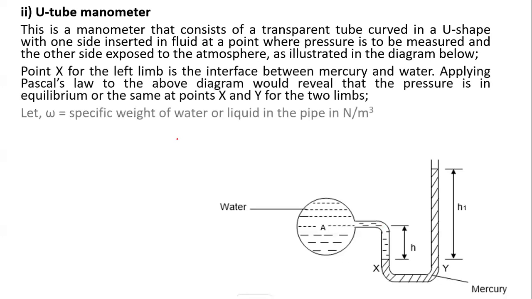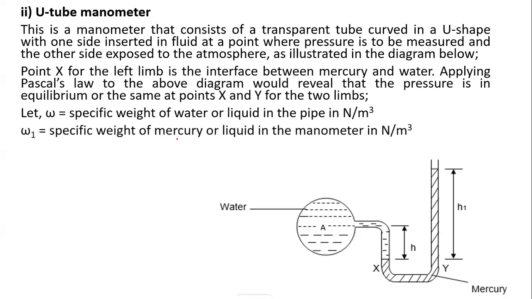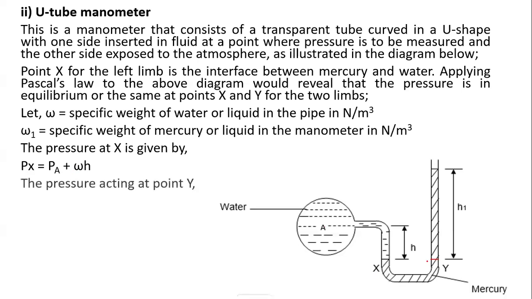So then how do you determine the pressure? All we know is that the pressure at X is equal to the pressure at Y here. So the pressure at X is equal to the pressure at Y when we apply Pascal's law. So let's start with the pressure at X. The pressure at X is equal to the pressure inside the pipe plus the pressure due to this height of liquid. So PA plus omega H. What about the pressure at Y?